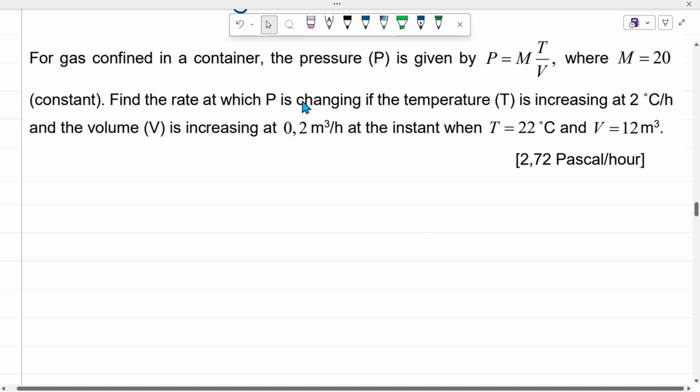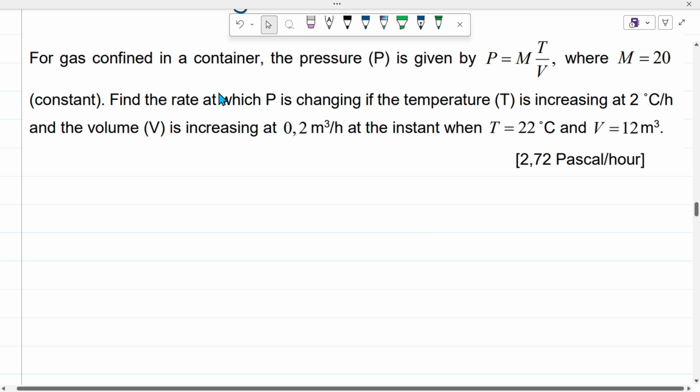Find the rate at which P is changing if the temperature T is increasing at 2 degrees Celsius per hour and the volume is increasing at 0.2 cubic meters per hour at the instant when T equals 22 degrees Celsius and V equals 12 cubic meters.